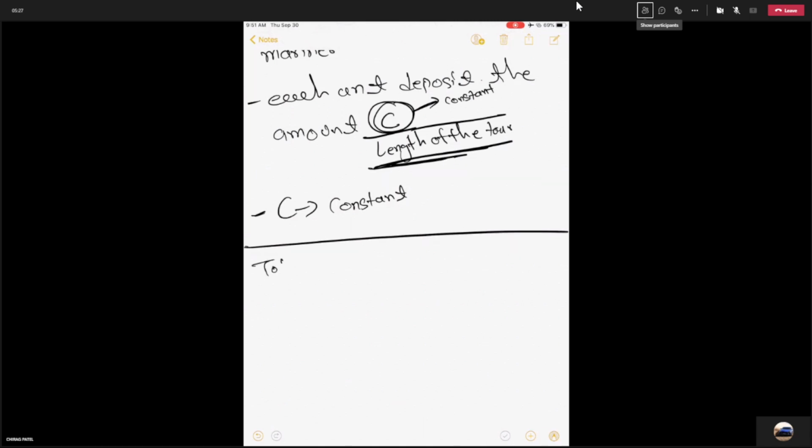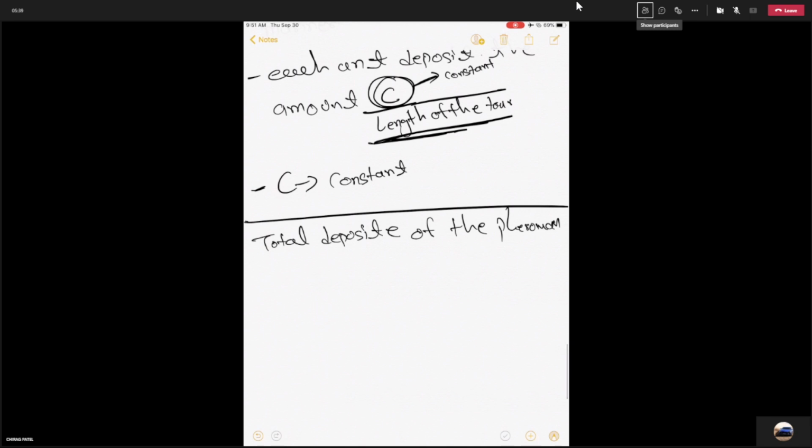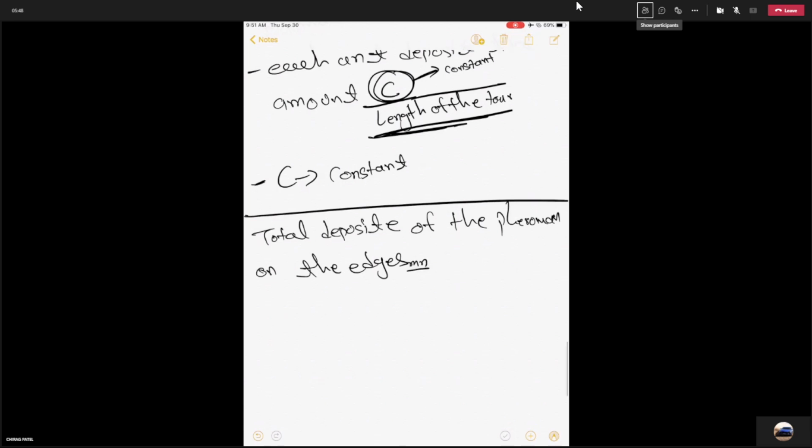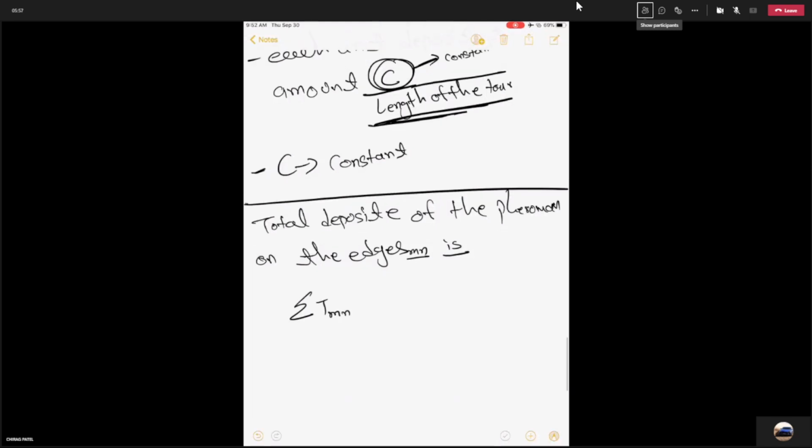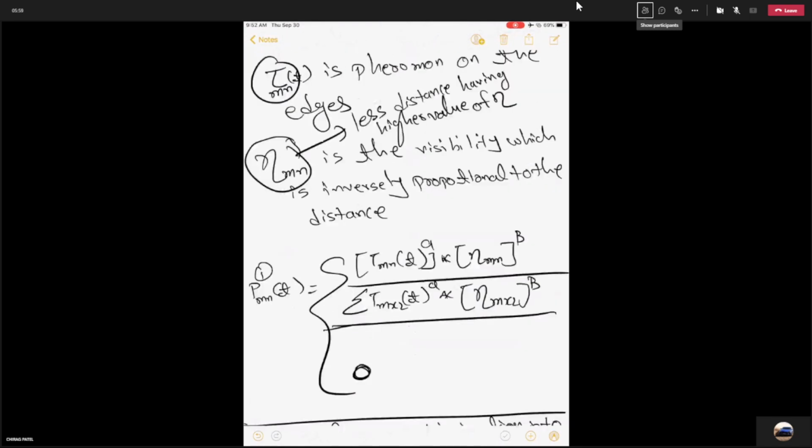So total deposit of the pheromone on the edges m, and suppose m to n we are going, is summation of tau of mn.